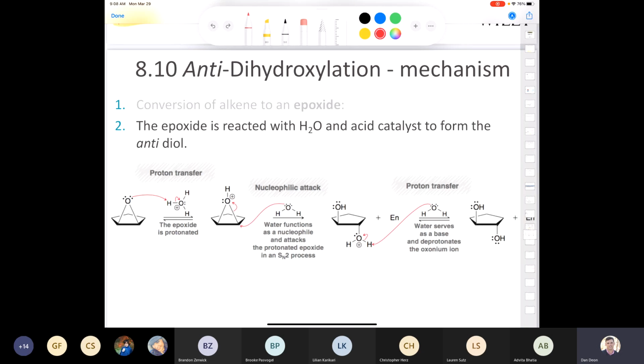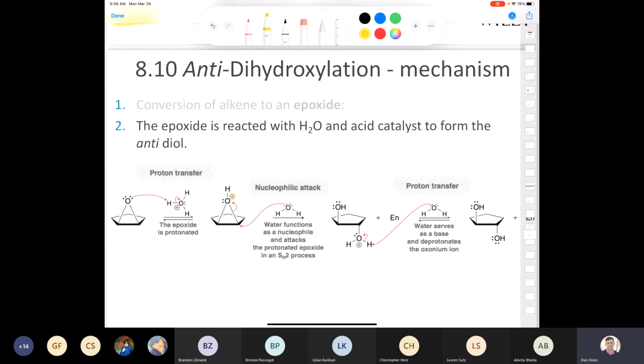All right, so after you've formed the epoxide, which is a 3-membered ring, it's going to be pointing either up or down. Here's the mechanism for the formation of the diol from the epoxide. Step 1, you do a proton transfer. So you protonate this oxygen from the epoxide to make an oxonium, which is super hungry for electrons. Now, think about it.